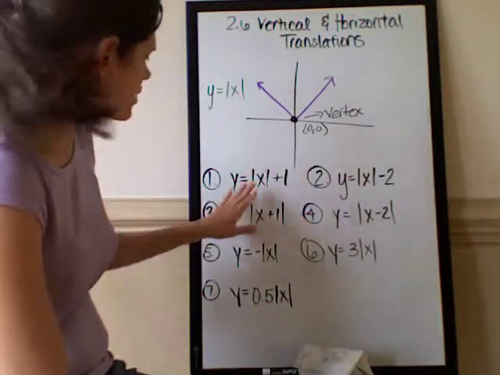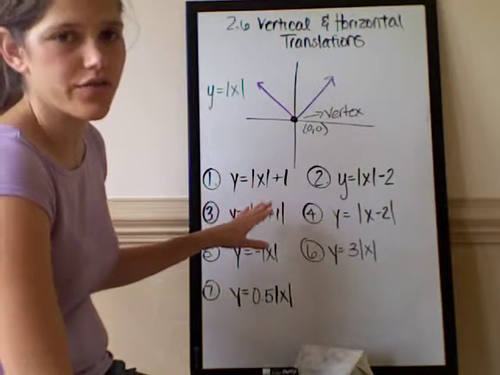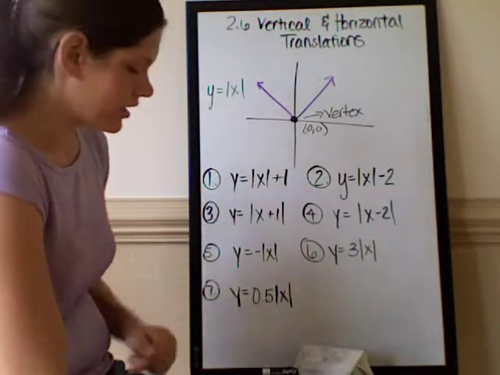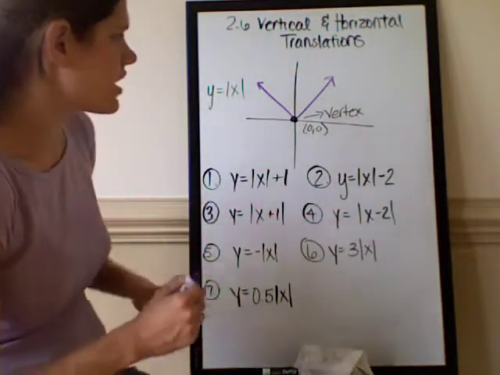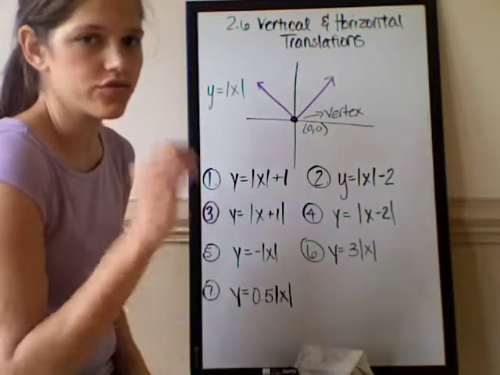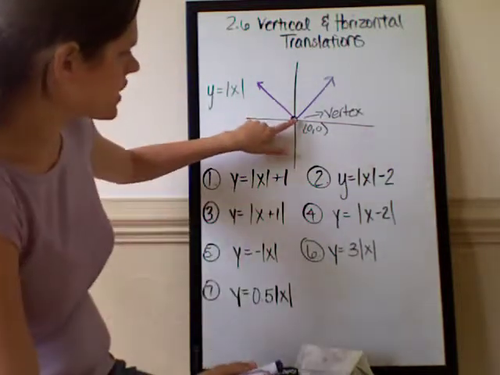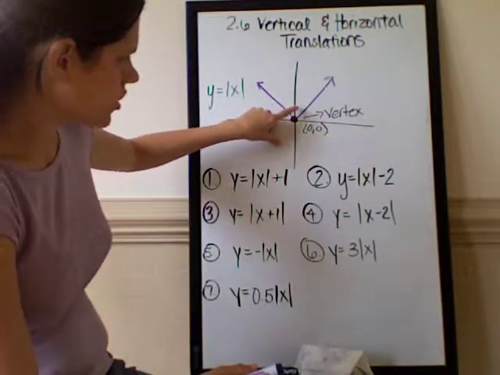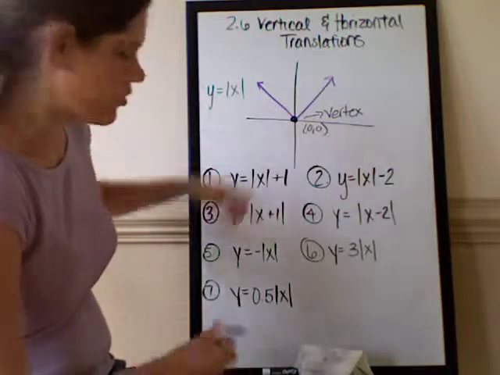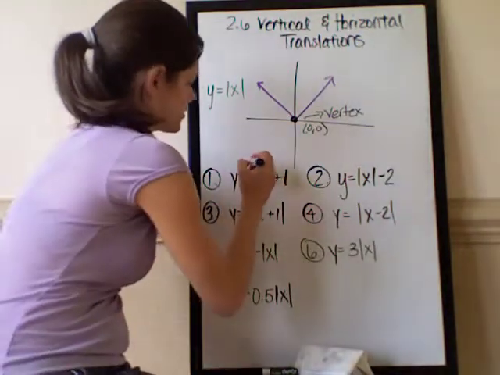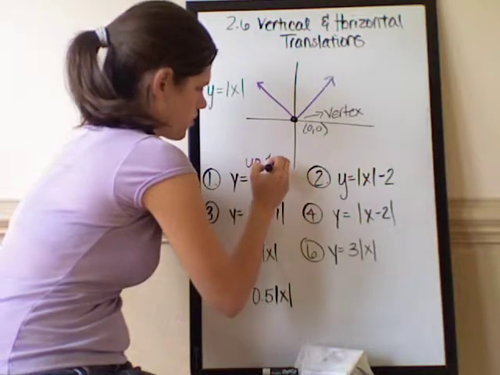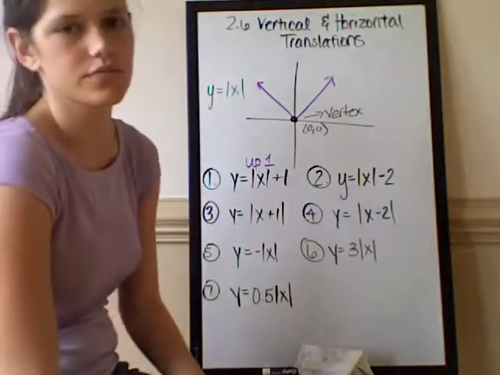Okay. So this first one, the absolute value of x plus 1. Now you should have seen that hopefully your graph moved up 1. So your vertex, instead of being at 0, 0, was up 1 at 0, 1. So this was up 1. Okay.